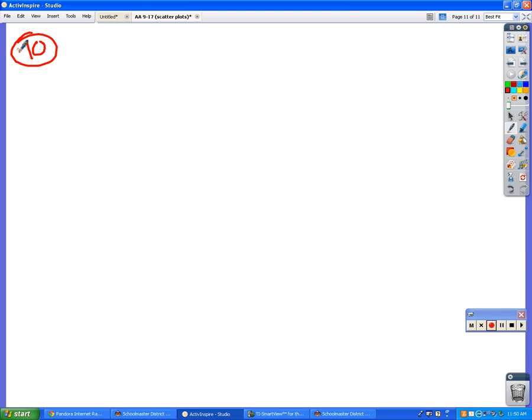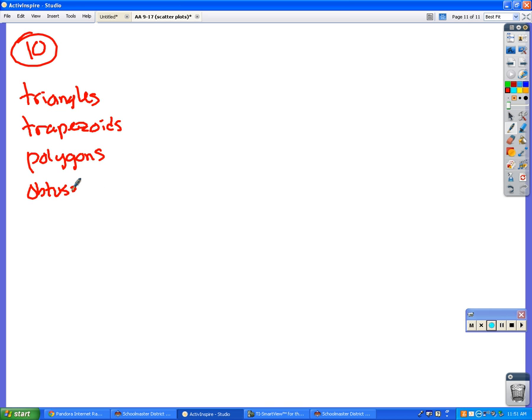Okay, number 10, we're going to make another Venn diagram, and these are the words we're going to use. Triangles, trapezoids, polygons, obtuse triangles, quadrilaterals, and isosceles triangles.